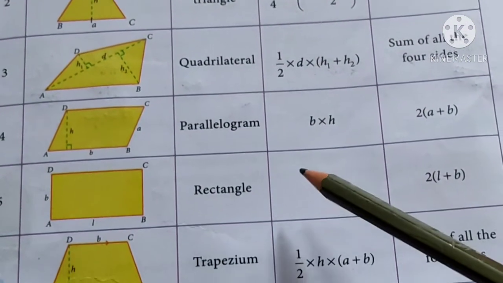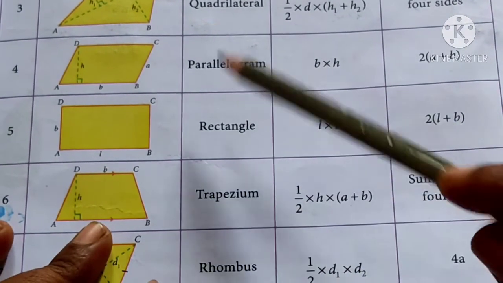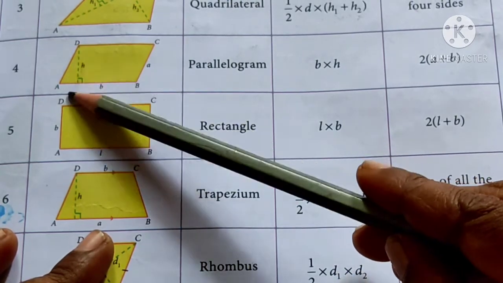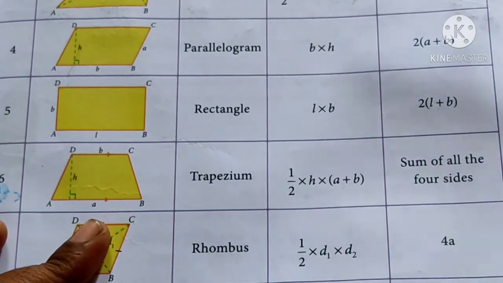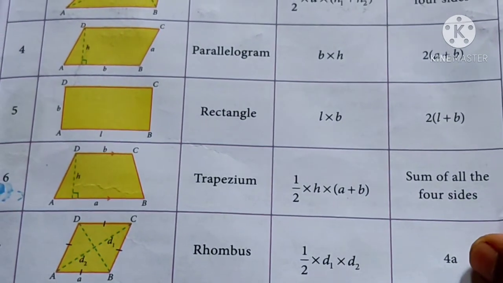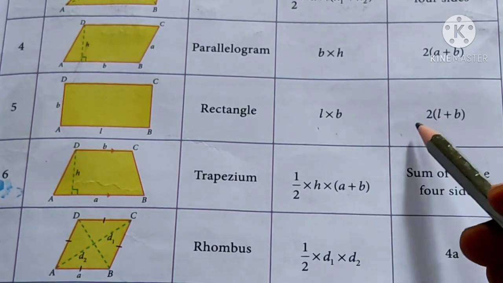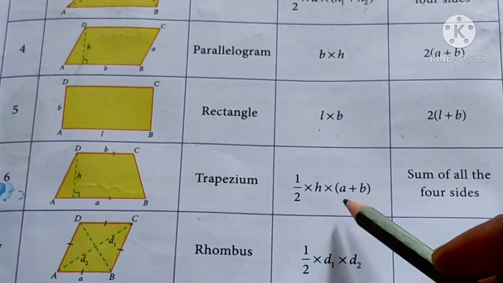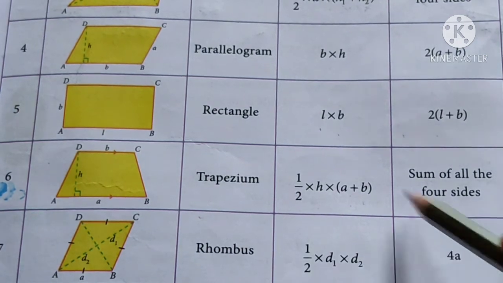Then parallelogram. Parallelogram perimeter is 2 into a plus b and the area is b into h. This is the base and find out the h. This one is the perpendicular line. So parallelogram area is base into height. Then rectangle area, you already learned in your earlier classes, length into breadth, and the perimeter is 2 into L plus B. Trapezium is half into h into a plus b and perimeter is the sum of all the four sides.